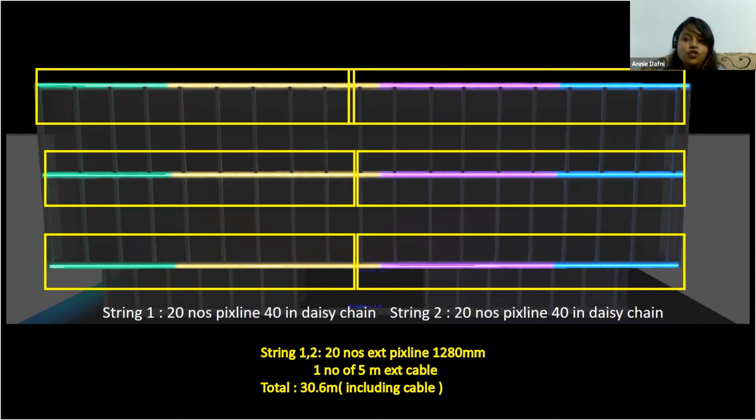Each of these strings will be driven by one Martin PSU. Since the installation is outdoor, I'm using an IP66 rated PSU, but if you want to place a power supply inside the building, you can also use a DMX power port, which has one input and 4 outputs. To each of the DMX power ports, you can connect 4 chains or 4 strings.